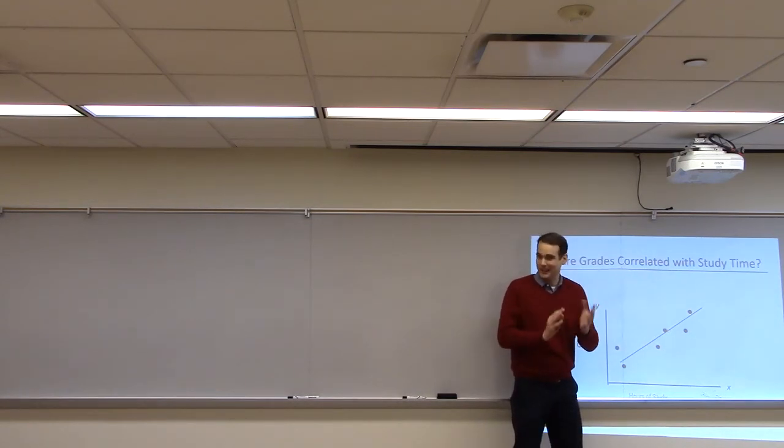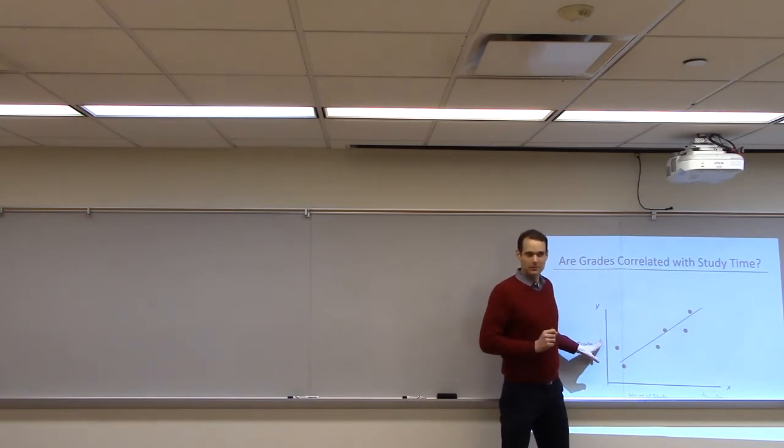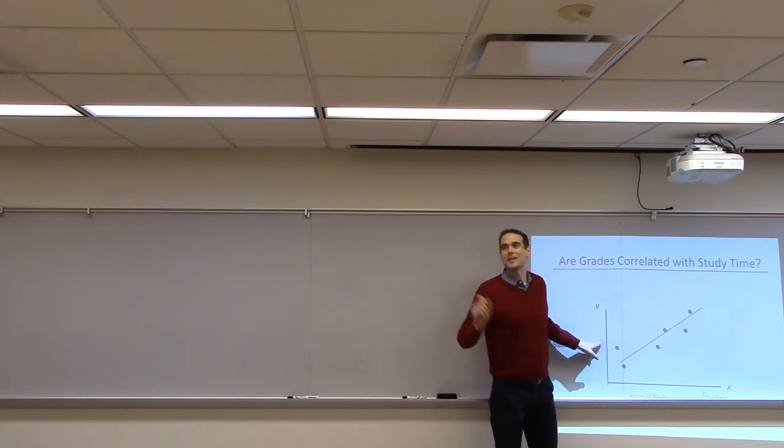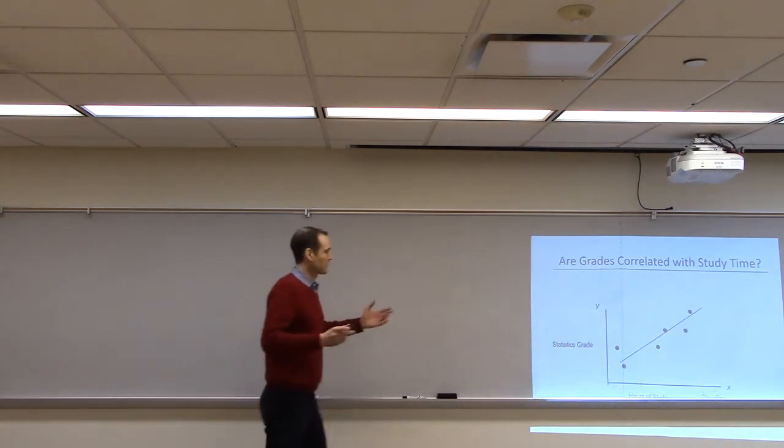They'll tell you, I spent exactly this much time studying. And you'll say, I bet you got a grade of such and such. And what will they say to you? How did you know that? How did you guess perfectly what I got? And you'll say, because I ran a regression and I determined that that was the regression equation.